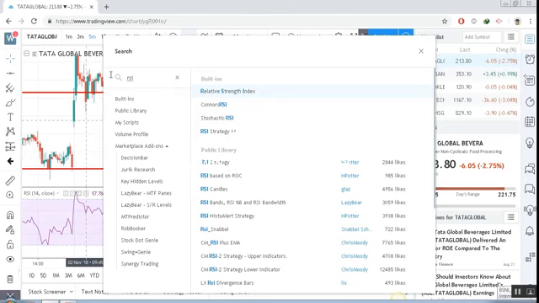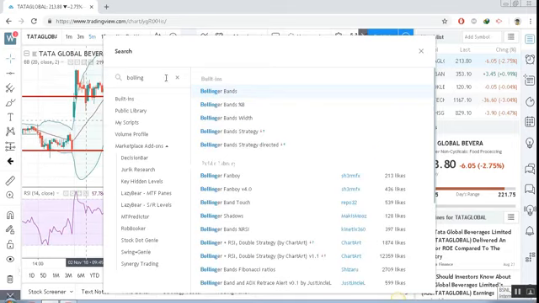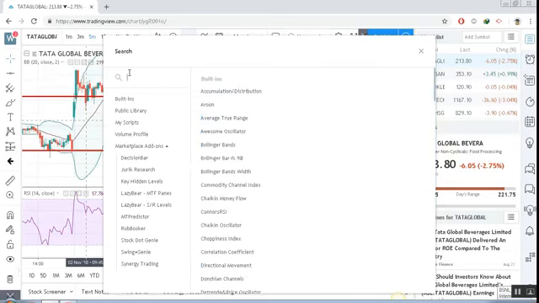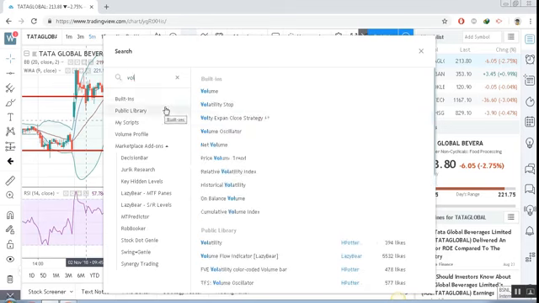Now what you're going to do is add the Bollingers. And next we are going to add the weighted moving average. In the moving average we will change some stuff, so I will explain that. And now you're going to add the volume chart.